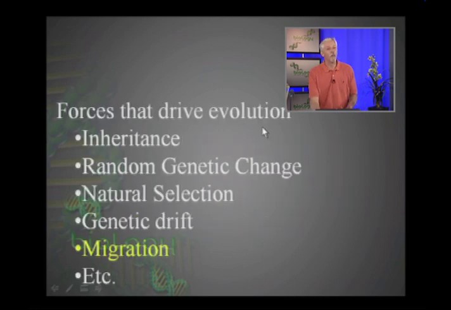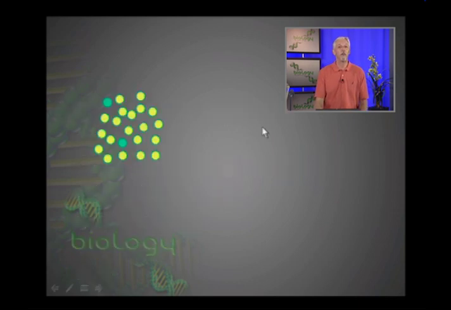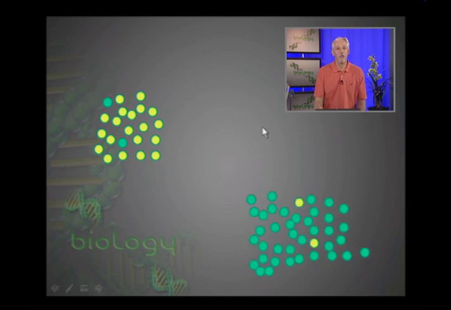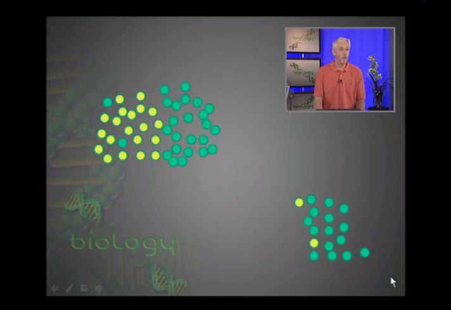Okay, now one other factor which can relatively quickly change the genetic makeup of populations is migration. So again, if you have two populations that are geographically separated but freely interbreed or have the potential to interbreed, and for some reason members of one population migrate to this new area, perhaps due to drought, perhaps there's been some calamity in the ecosystem, you can see that would change the genetic makeup of the population very, very quickly.